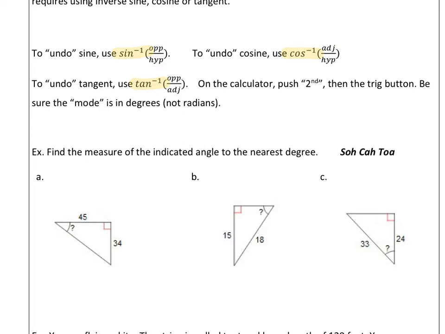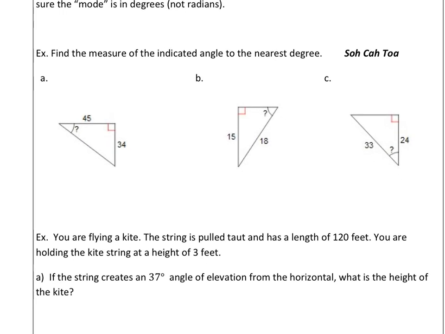We're going to start by setting up A here. This is a right triangle, and we have two of the legs. One leg is 45 and the other leg is 34, and we're trying to find the angle where the question mark is. I'm going to put an X next to that angle to give it a variable.